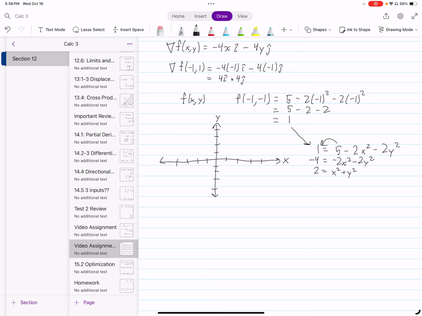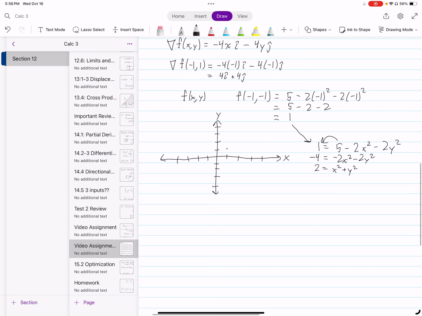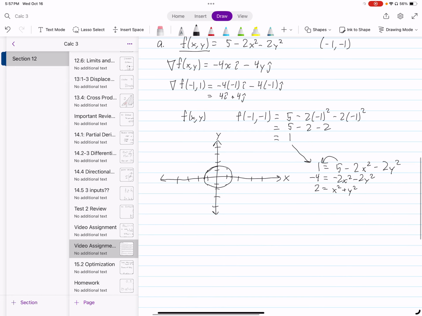Okay, so a radius of square root of 2. Sorry if I misspoke. We have points at 1, 1, negative 1, 1, here and here, and then approximately there, just to plot them out and draw a nice circle like that. And we should really label this as z equals 1.